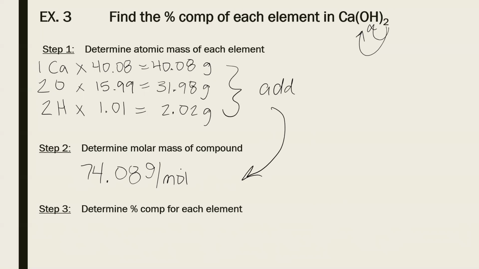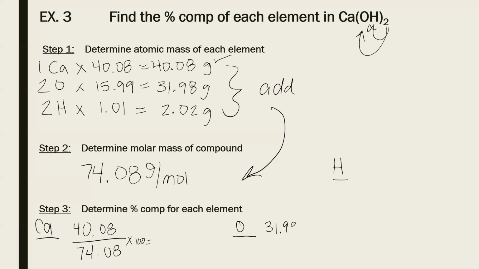And then once again, determine the percent composition for each. So I have calcium, I have oxygen, and then I'll do hydrogen up here just to save myself a little bit of room. All right, so using the atomic mass for all the calciums, there's only 1, over the molar mass times 100. Oxygen, there's 2 of them, so that's 31.98 over the molar mass times 100.